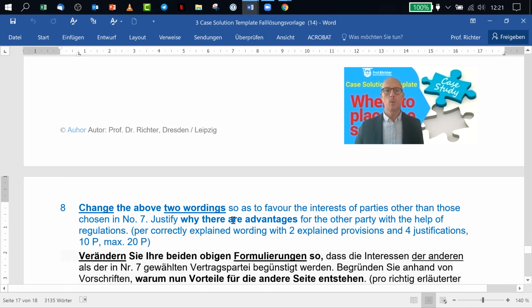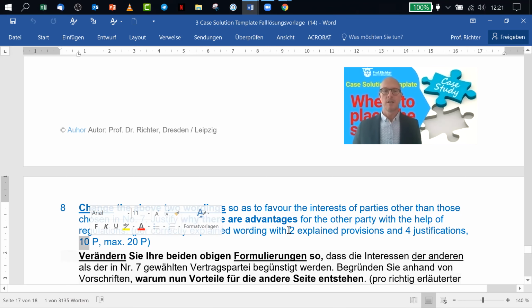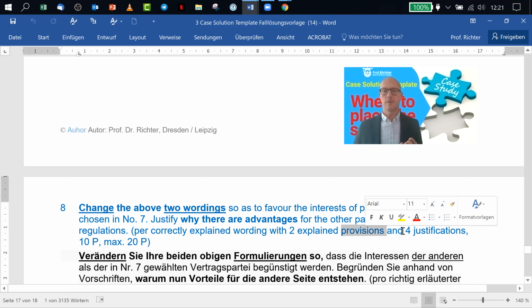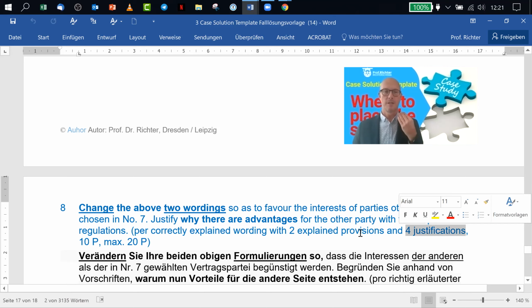And justify why there are advantages for the other party, the same system as in number 7, and give me the regulations, and you should correctly explain the wording, and this will give you 2 provisions and 4 justifications. That means if you get 10 points, you get 2 for each regulation and 4 for justifications, and at least 4 points for a proper formulation.